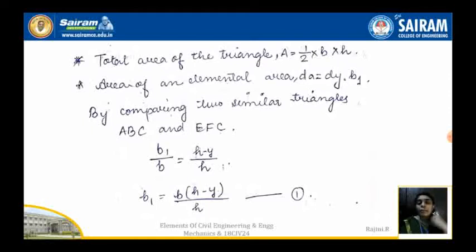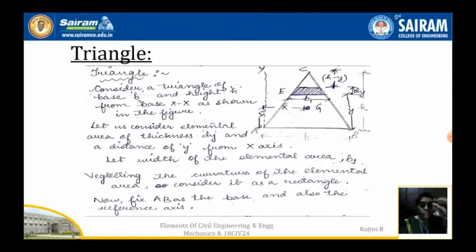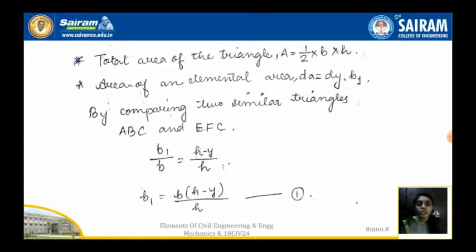Next, by comparing the two similar triangles, you can see the top triangle and the whole triangle, ABC and EFC. So b1 divided by b is equal to h minus y divided by h.